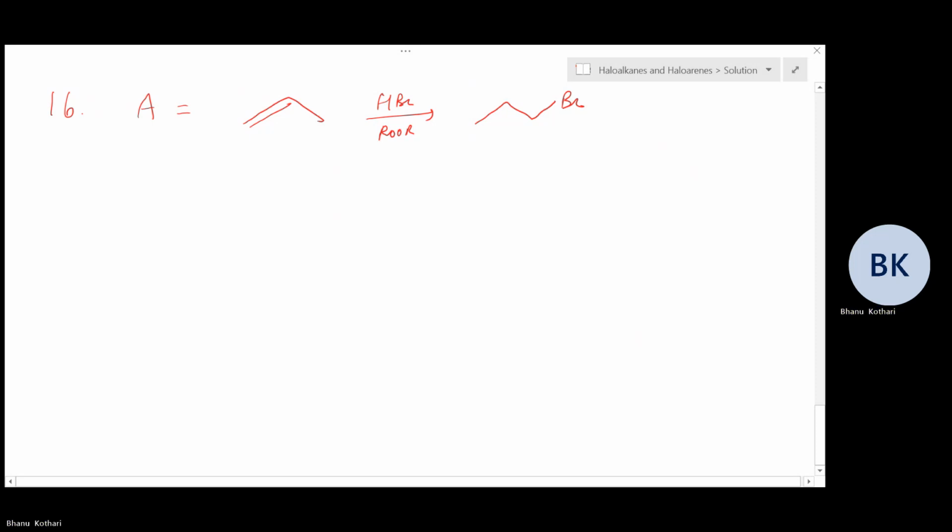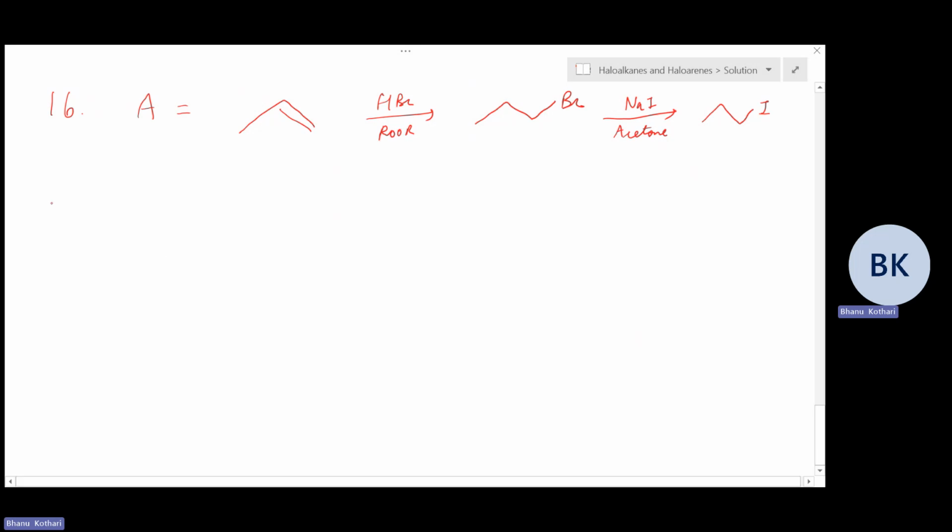Further, when Finkelstein reaction is taking place with NaI in acetone, then Br will be replaced by I. So the correct option will be option A.